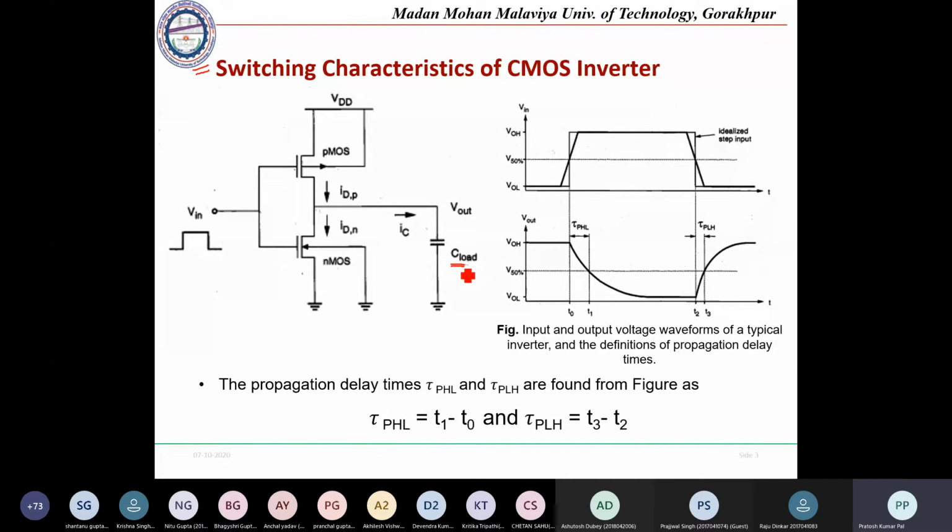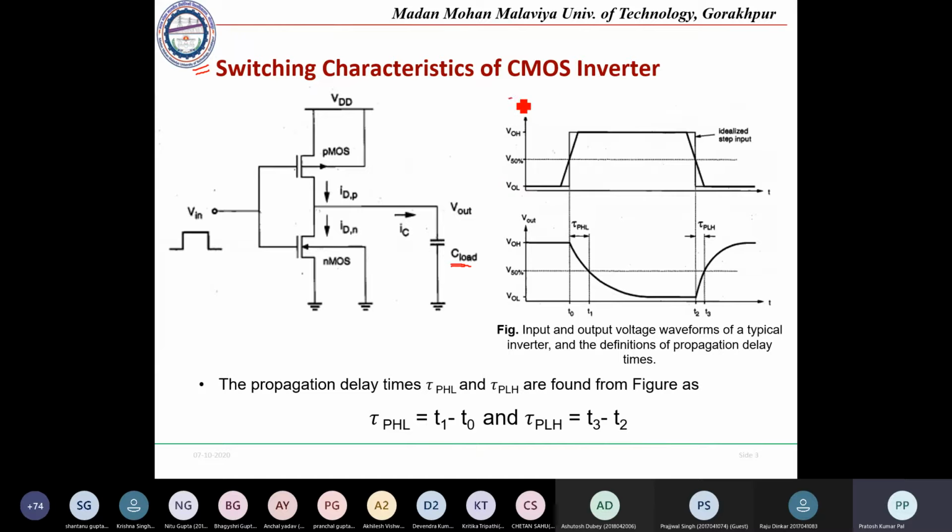We will analyze how the switching of the output voltage terminal is going to take place, and how we will be calculating the different timing constraints, like the delay.